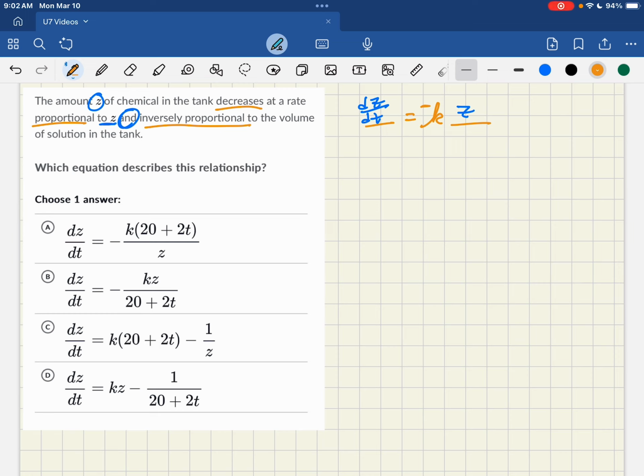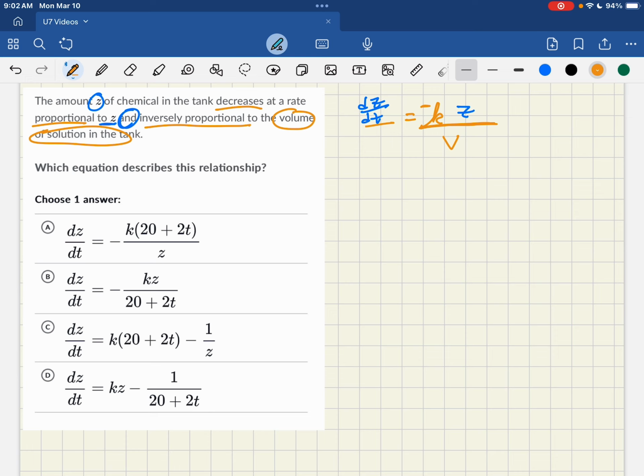And what that means is that this guy is going to be all under, it says the volume of the solution of the tank. Now, it looks like I accidentally cut off part of this problem, which means I'm going to make another video for this. But whatever this volume of the solution of the tank is, which I can't see, I'm assuming it's going to be 20 plus 2t because that's what I see down there.